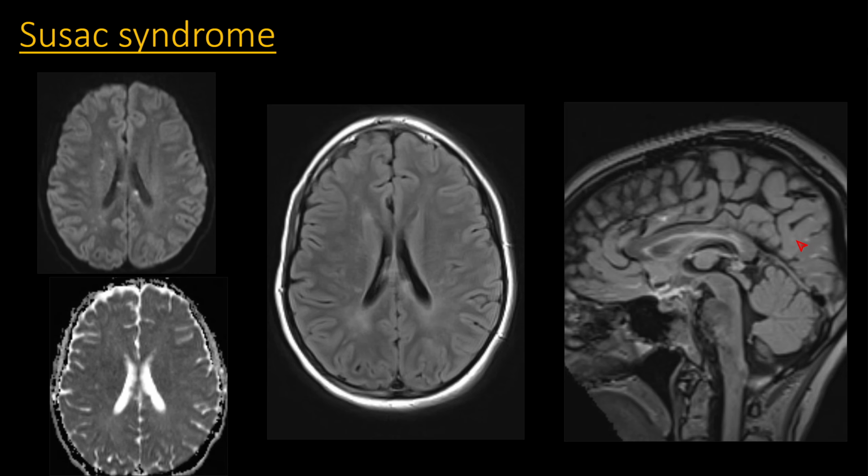So you can see leptomeningeal enhancement in Susac syndrome as well. In fact, as an aside, the most sensitive MR modality for detection of leptomeningeal enhancement is actually post-contrast FLAIR, not post-contrast T1, and that's why a lot of times you do these FLAIRs post-contrast, because they're much more sensitive for leptomeningeal enhancement detection.